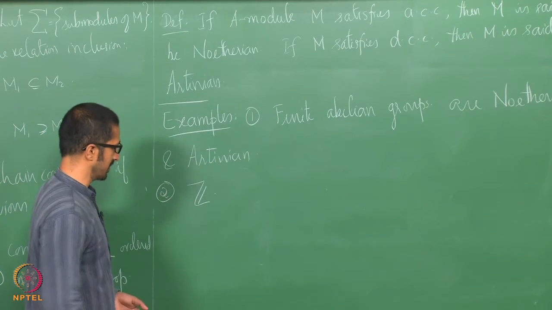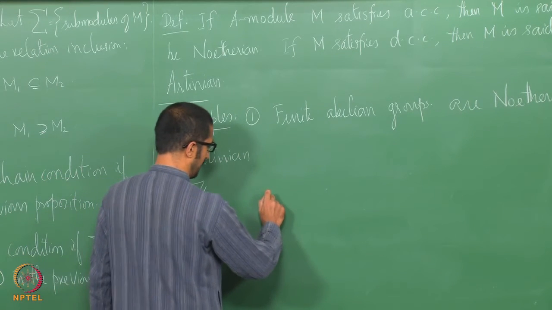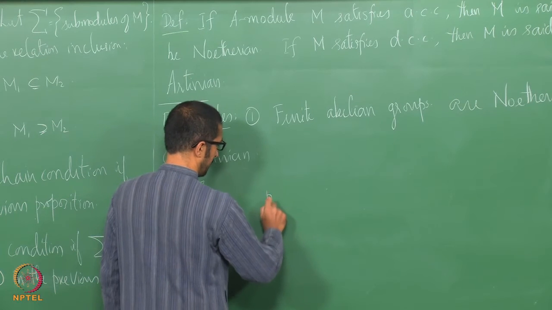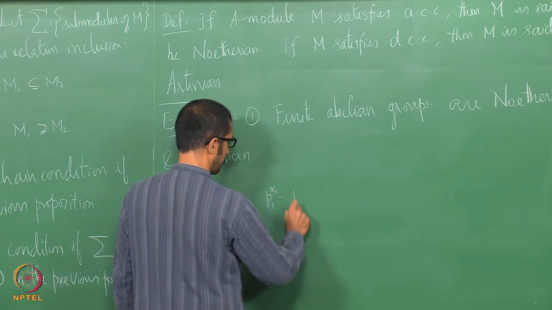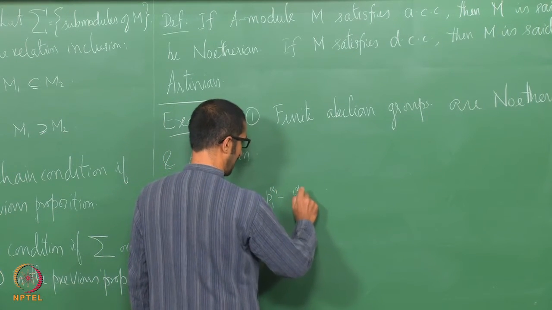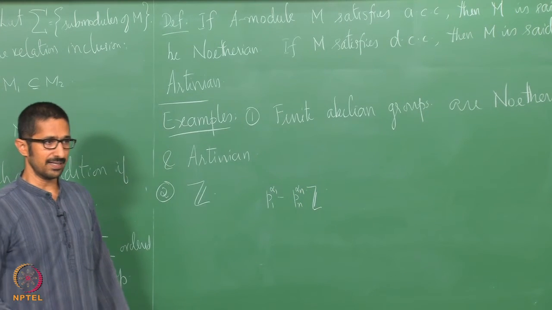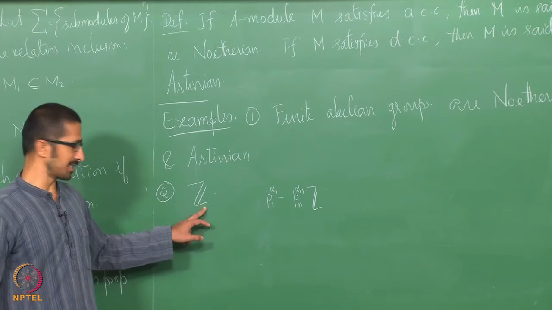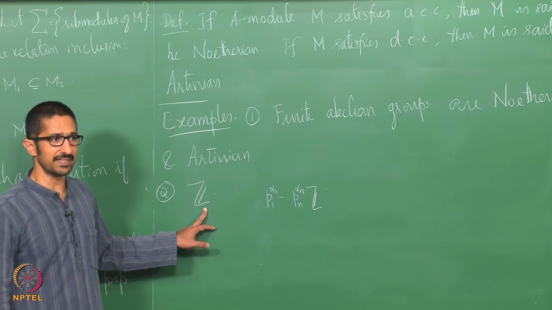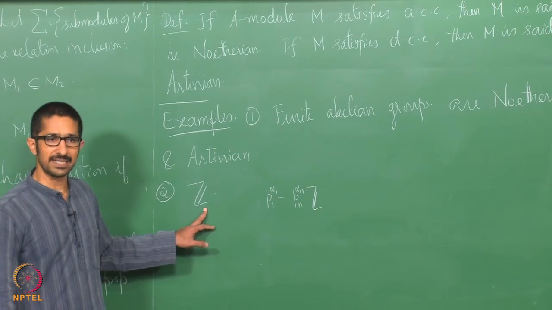So, a more general justification is, if I have p_1^alpha_1 up to p_n^alpha_n, this is a PID, therefore every ideal is generated by some kZ.